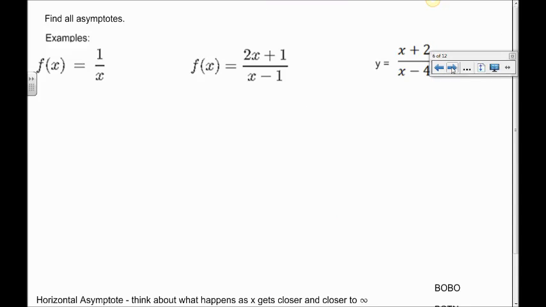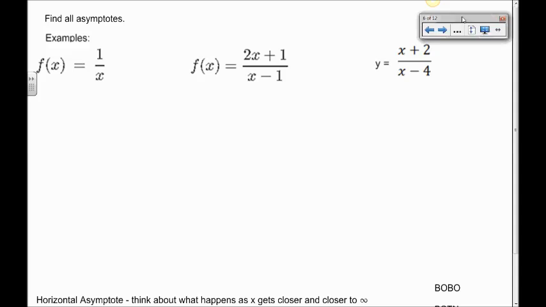Okay, here we're going to find all asymptotes. So again, we're going to find our horizontal asymptotes and our vertical asymptotes. So vertical asymptote, we're just going to make the denominator equal to 0, and that's it. Our vertical asymptote is x equals 0. The horizontal, so we're thinking about exponents of x.